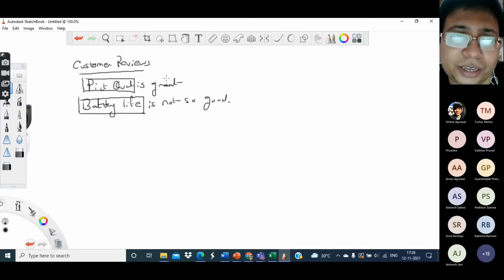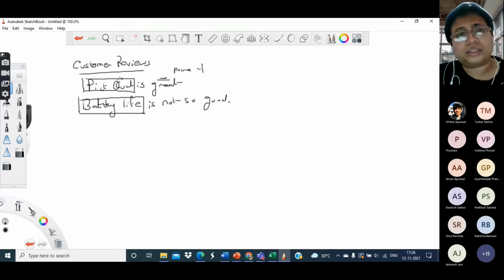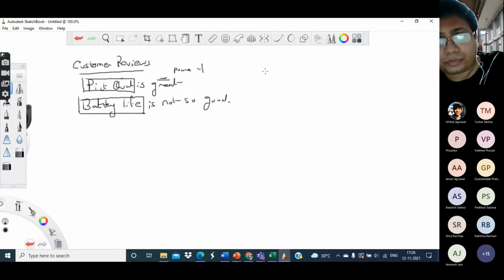And we find in their context this word great, which of course has a high P score of 1. So that P score gets induced onto this. We can understand that for picture quality, this aspect has got a high score of +1.